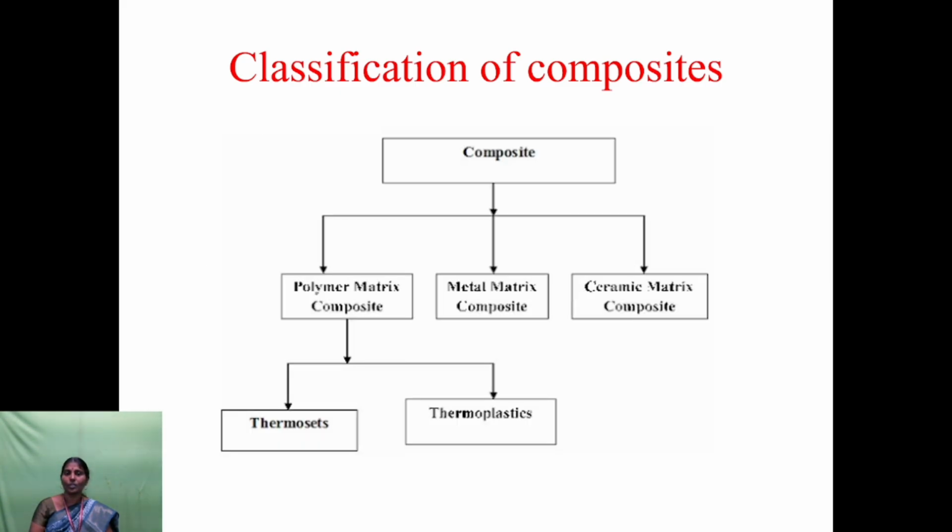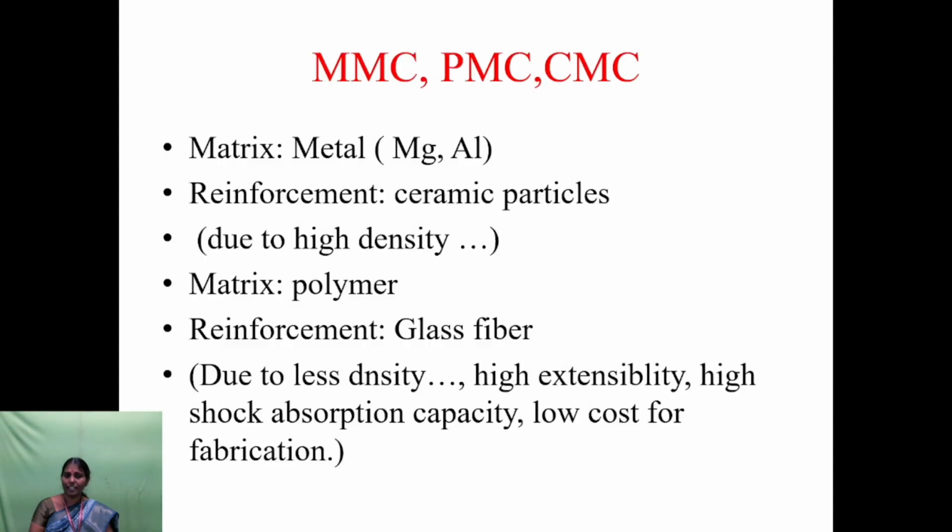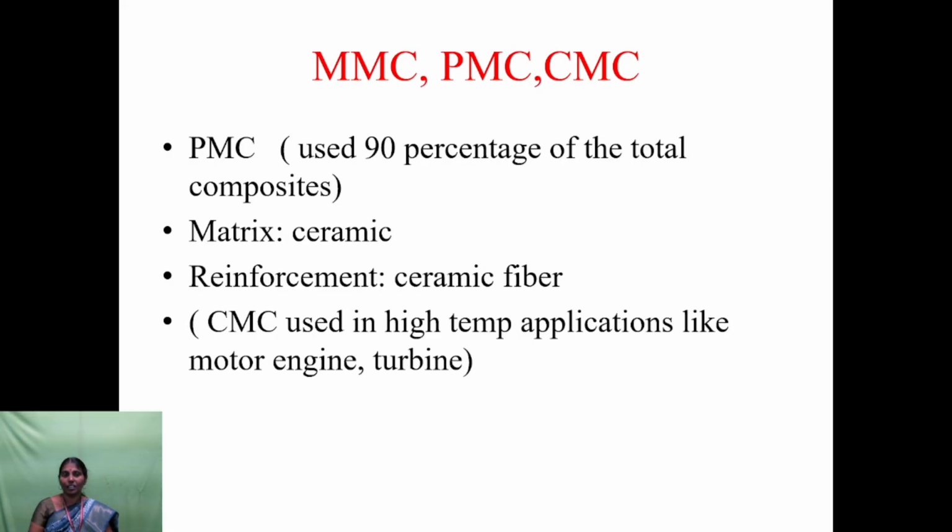So these are the classifications of composites. Nowadays most composites use thermosets, under the category of polymer matrix composites. So MMC, PMC and CMC are the three kinds of composite material, and PMC is the most widely used worldwide. We mostly use PMC, that is, polymer matrix composites.